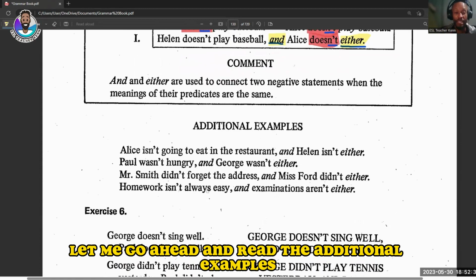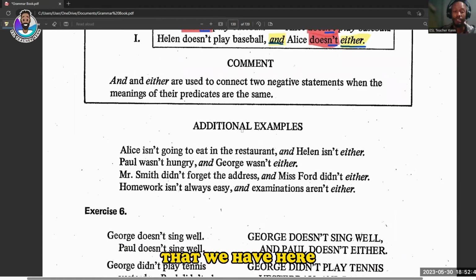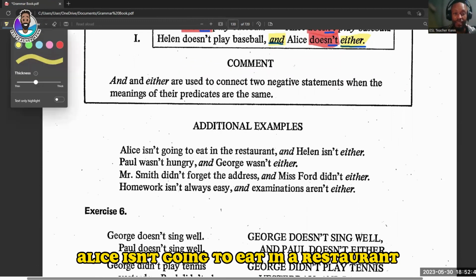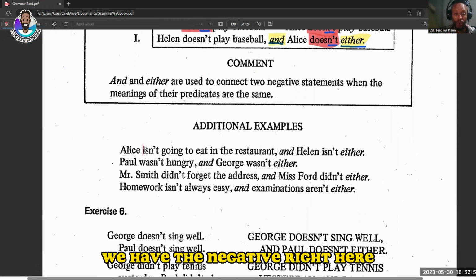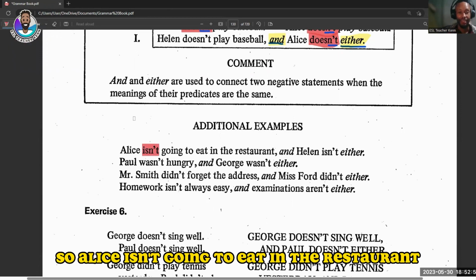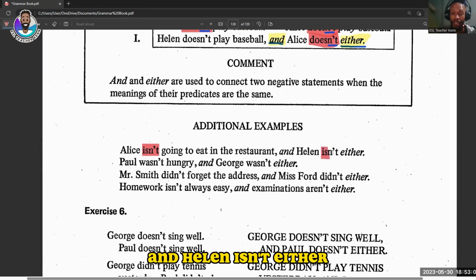Let me go ahead and read the additional examples that we have here. And it says, Alice isn't going to eat in a restaurant. Sorry, in the restaurant. We have the negative right here. So, Alice isn't going to eat in the restaurant, and Helen isn't either.